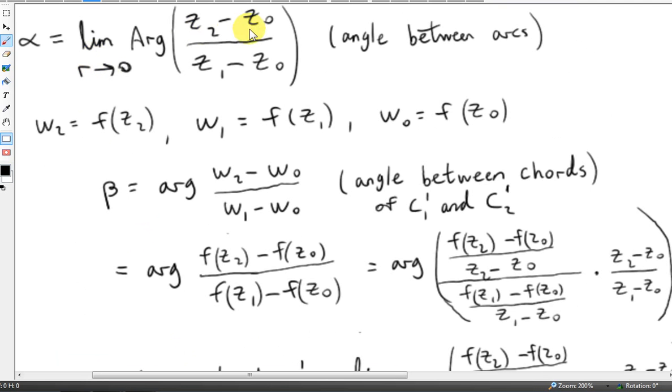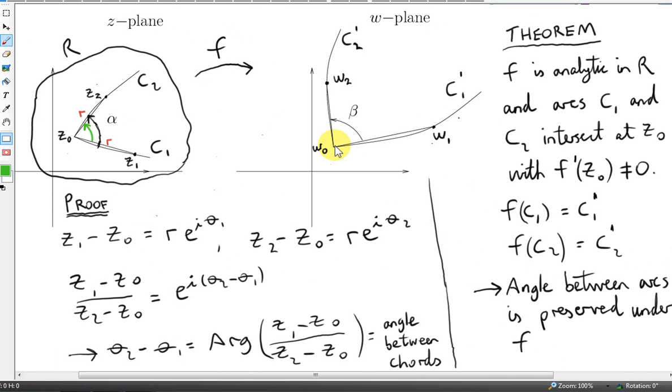Now let's consider the image of the points Z0, Z1 and Z2. So they're in the W plane, of course. The image of Z0 is W0 as we've seen. The image of Z1 is W1. The image of Z2 is W2. Of course, the distances of W2 and W1 to W0 don't have to be equal to r. We will consider two chords formed by joining W2 and W1 to W0, and the angle between the two chords is beta.